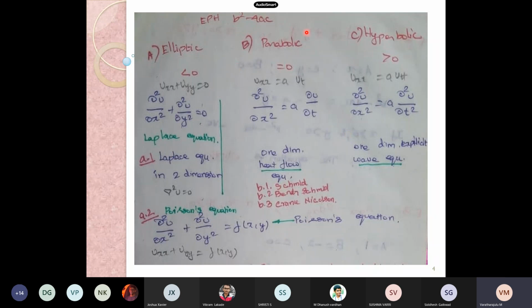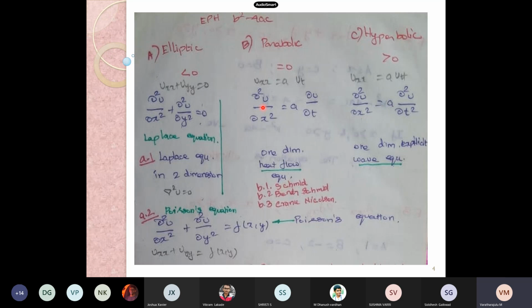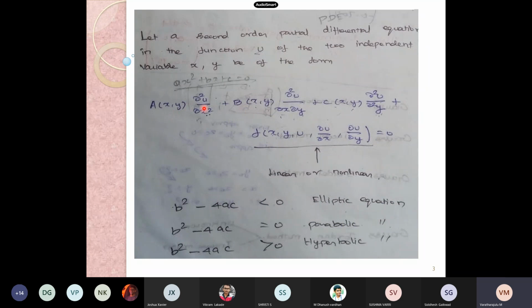See, this is the parabolic equation, uxx is equal to a into ut. See here, dou square u by dou x square minus a into dou u by dou t. Here we don't have any b term. We have only the x term alone, that is a, while applying here, minus 4 into 1, and c we don't have any c term also, so c is 0.